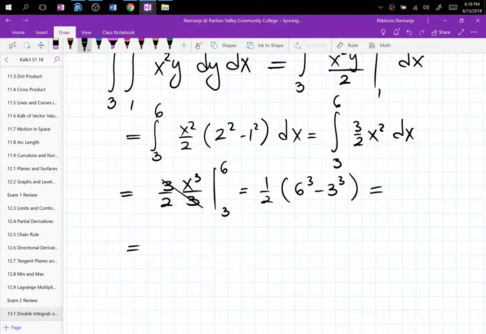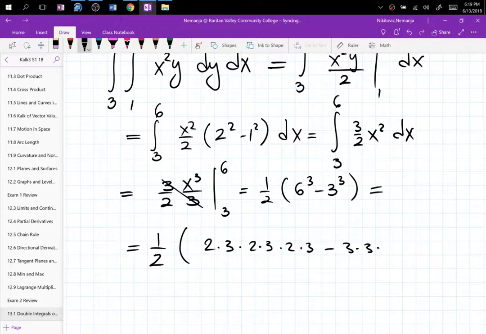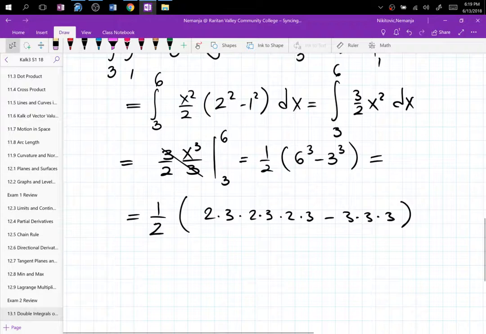Now, if you don't want to cube a 6, what you have is 2 times 3 times 2 times 3 times 2 times 3, minus 3 times 3 times 3. So clearly you have 1/2.